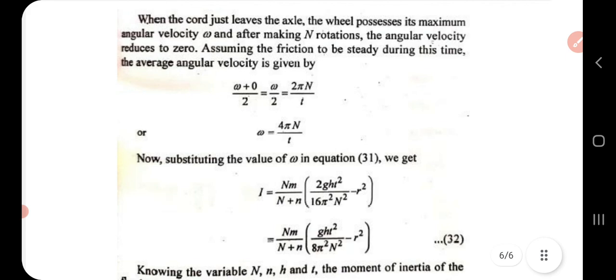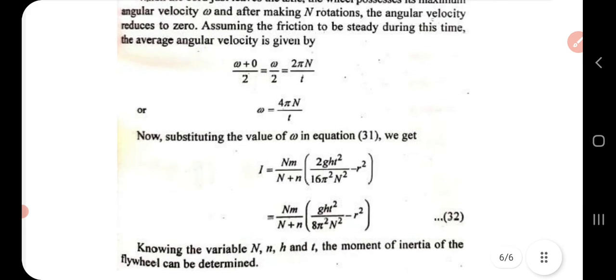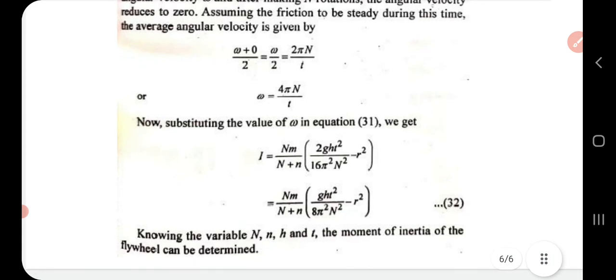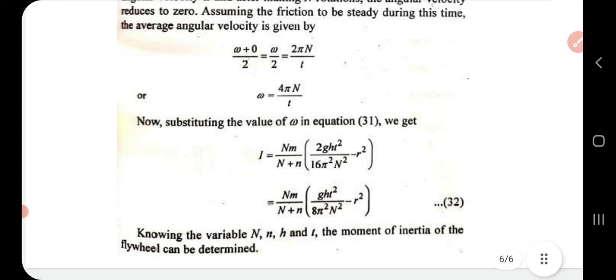Now substitute the value of omega in equation 31, and after substitution and simplification you will reach equation 32. This equation 32 is the equation to find the moment of inertia of the flywheel. If you know the values of N, n, h and t, the moment of inertia of the flywheel can be determined.